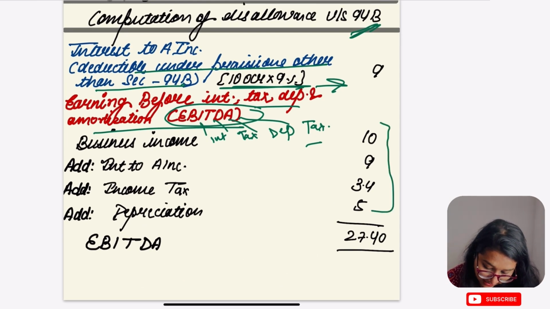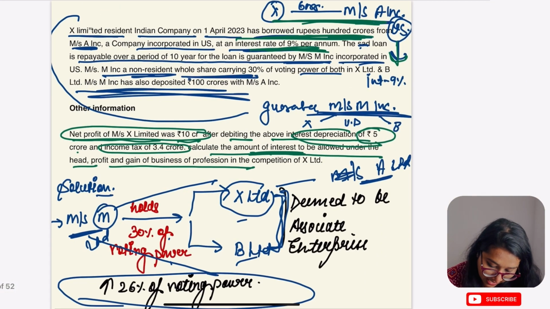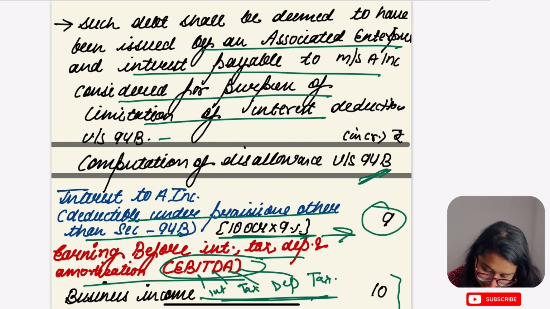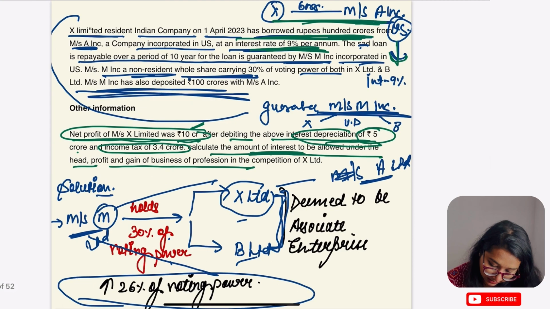Because we have to calculate EBITDA, then compare it with the interest amount. 30% is to be taken in this case, and then the excess amount is compared between them. Let's go for it again. In business income, we have business income of 10 crore, that is net profit. Depreciation and interest, the same interest, we have to add back. This part is clear.